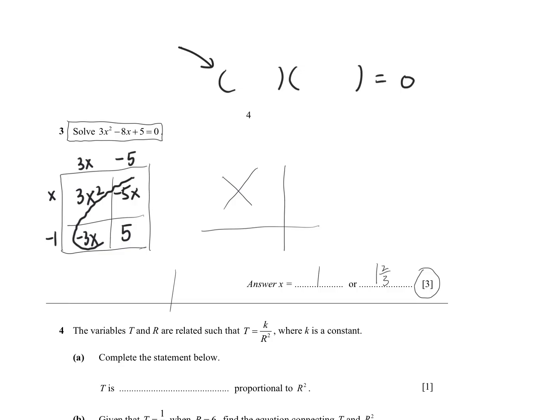They must add up to be -8x. Some of you put both positive, but it will not add up to -8. So you need it to be both negative. So the 2 factors are 3x minus 5 and x minus 1. Some of you use this.